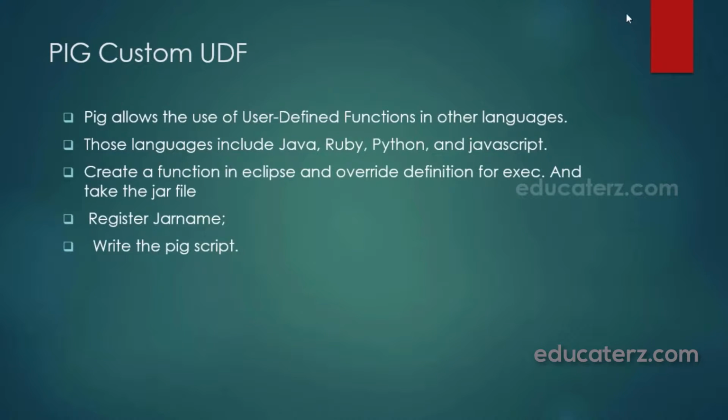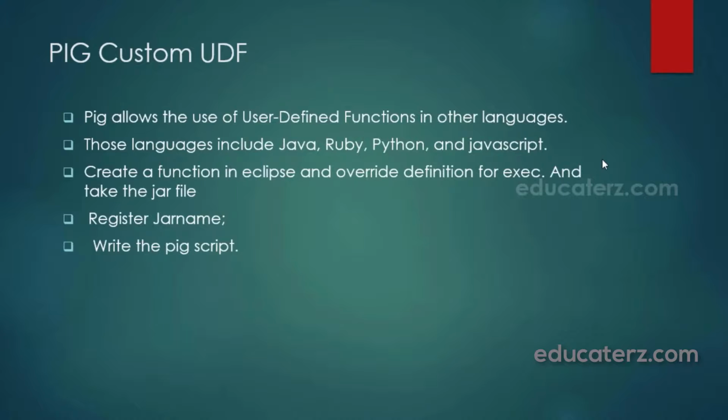To write your Pig custom UDFs, once you verify all the built-in functions and understand that you do not have any built-in method to satisfy your requirement, then you decide to write your user-defined function.